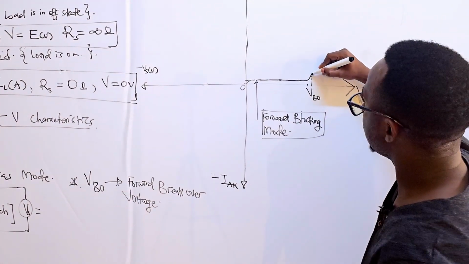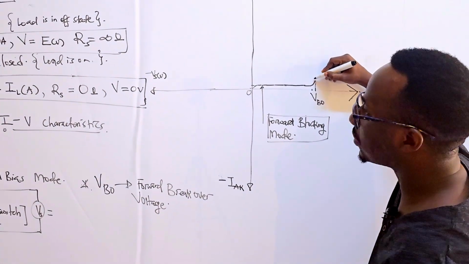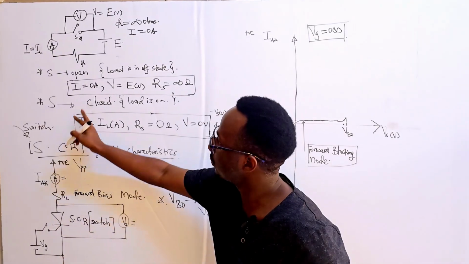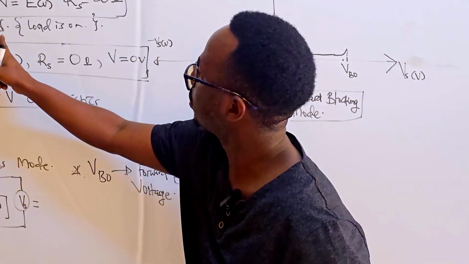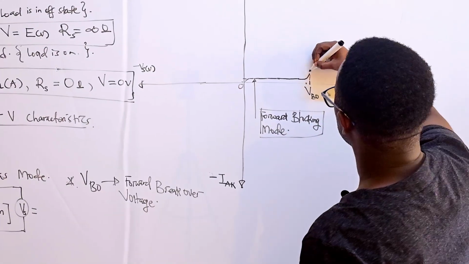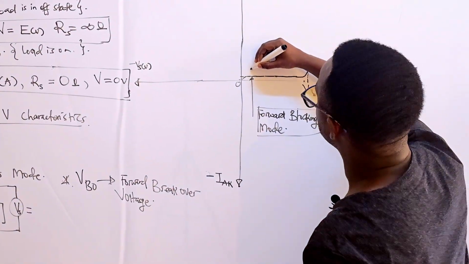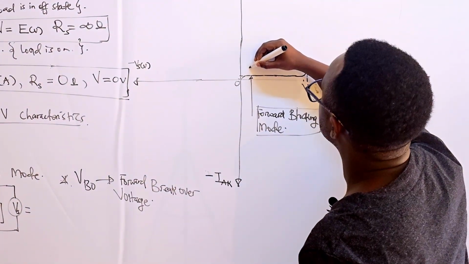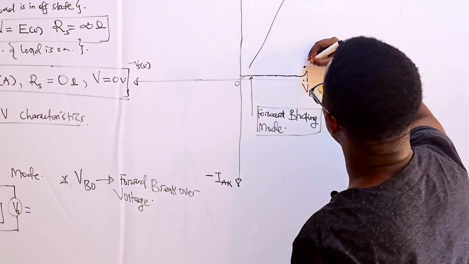The moment it conducts, the voltage drop across the switch gets close to zero, and the current spikes at almost the same time.